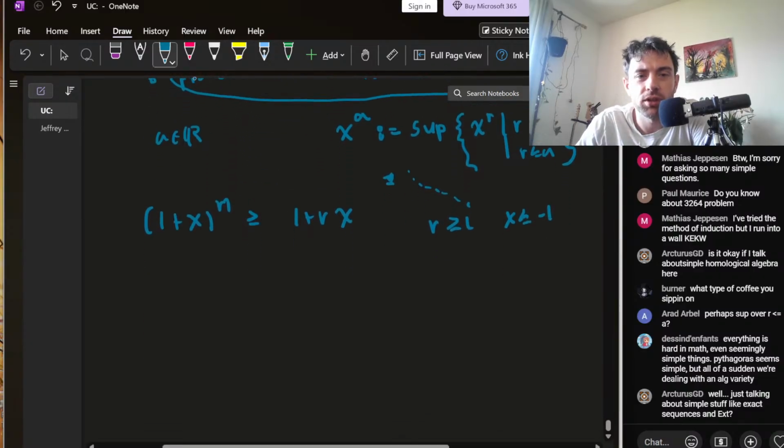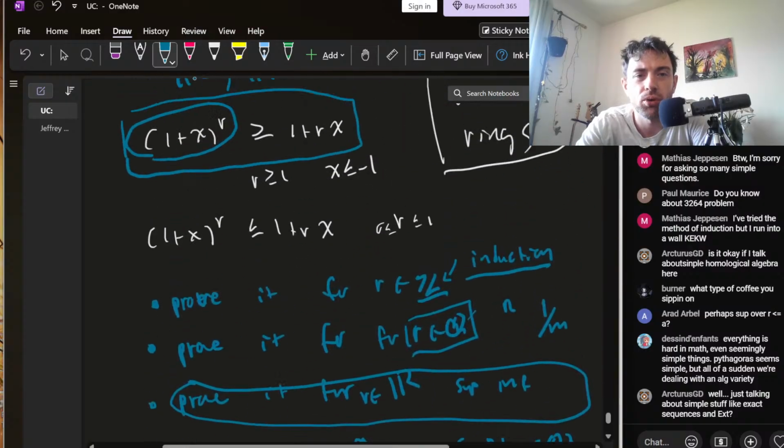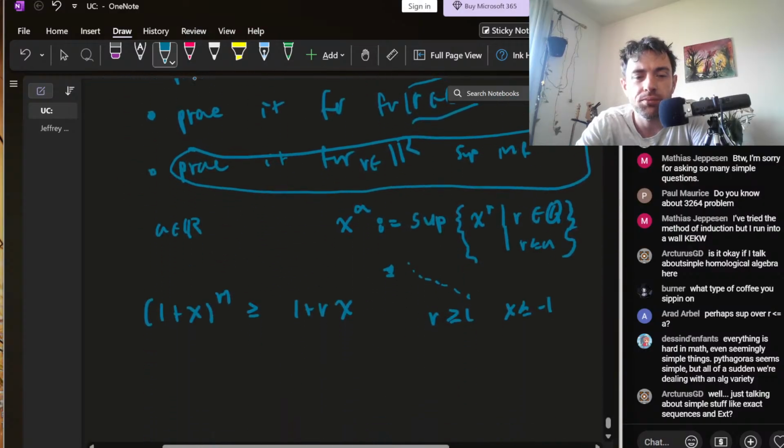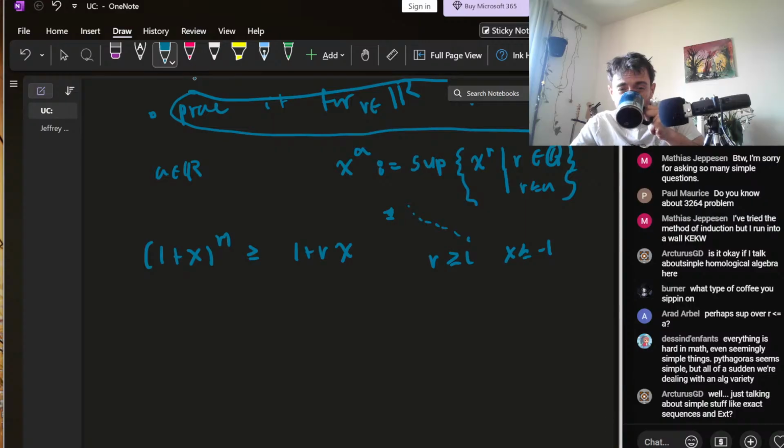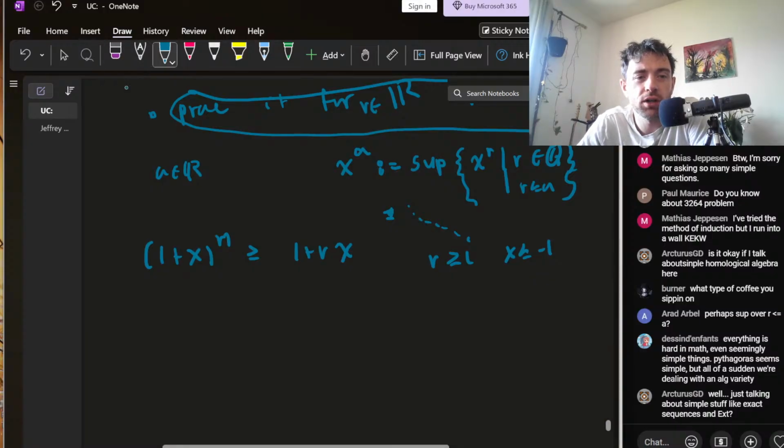Let's just look at this case. So, in the case of n equal to 1, this is what we're trying to prove.